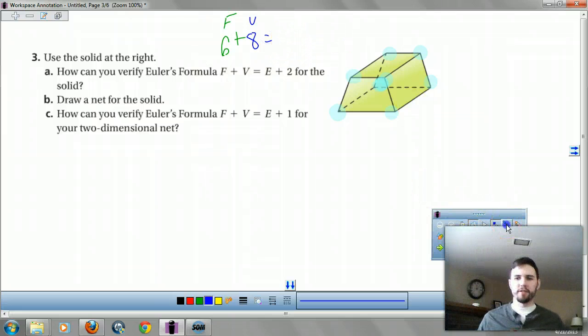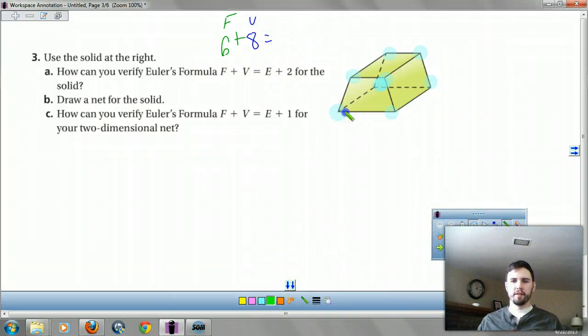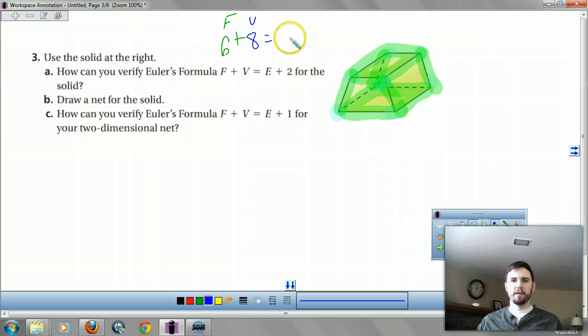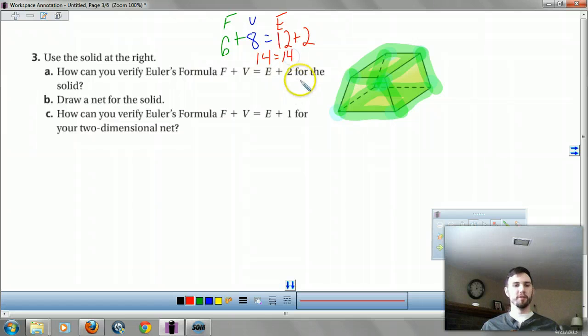And how many edges do I have? 1, 2, 3, 4, 5, 6, 7, 8, 9, 10, 11, 12. So I have 12 edges plus my 2. So I get 14 equals 14, so it works.